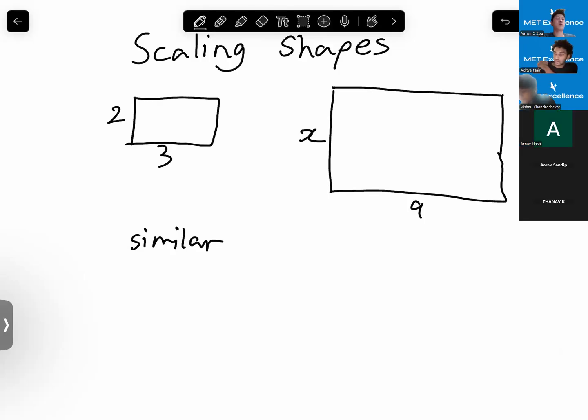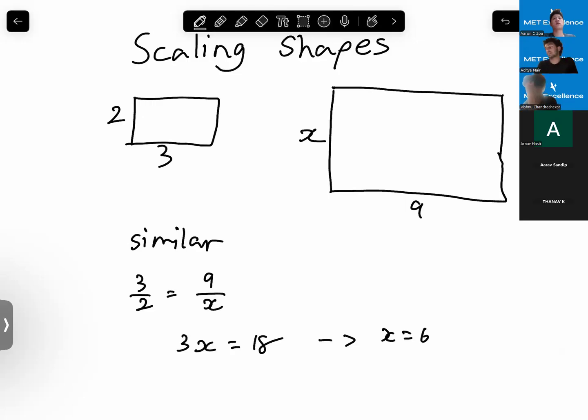So in this case, you have to know the same scale factor, or the same ratio of the sides. So we'd have to know that 3 over 2 is equal to 9 over x. And with some simple simplification, we get 3x is equal to 18, x is equal to 6.